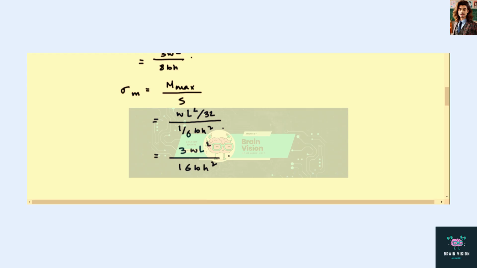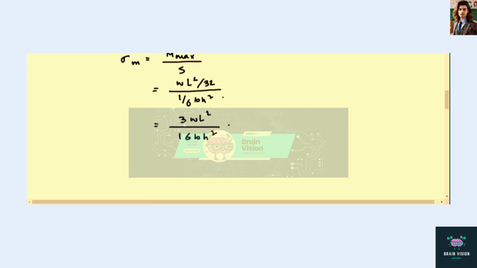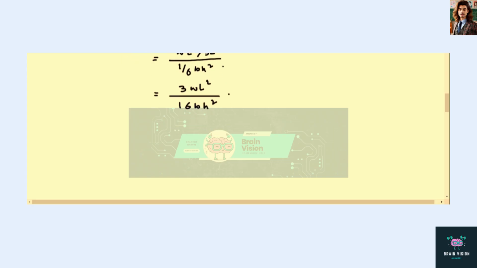Now let us calculate the ratio of maximum values of shearing and normal stresses. That is tau m upon sigma m is equal to 3WL upon 8BH upon 3WL square upon 16 BH square.